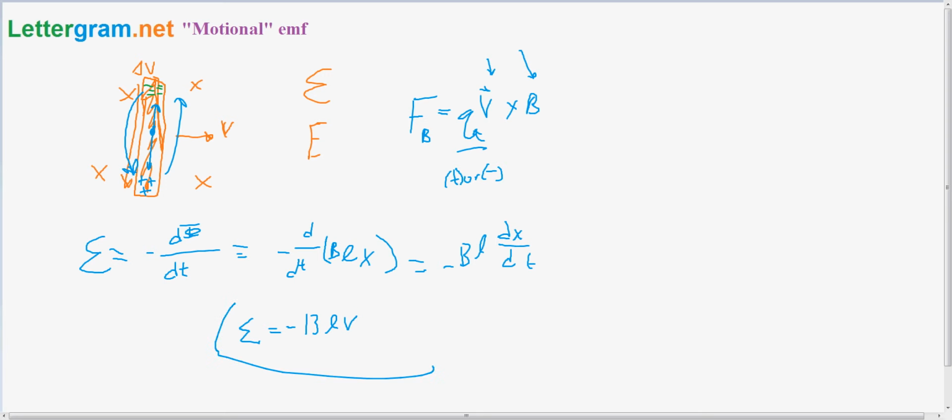X will be, in this case, the position of the bar moving along this way. So this is X. L will be the length of the bar. V is obviously V. B is the magnetic field. E is the EMF.